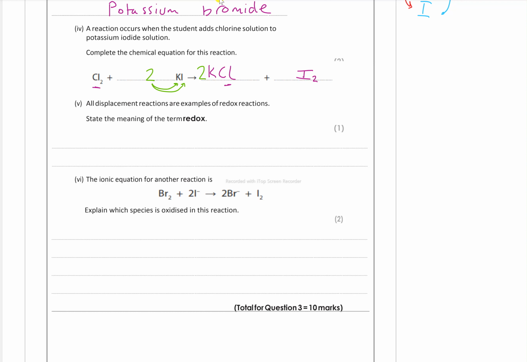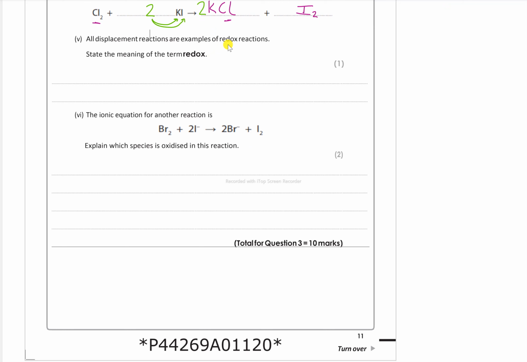There you go. What is a redox reaction? Redox, I think, comes from reduction and oxidation. So it becomes a redox reaction.